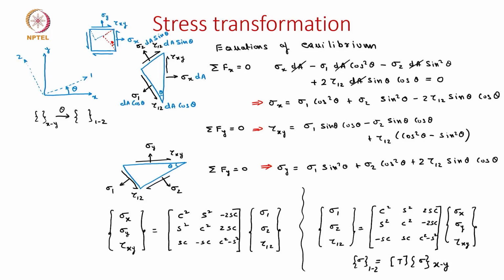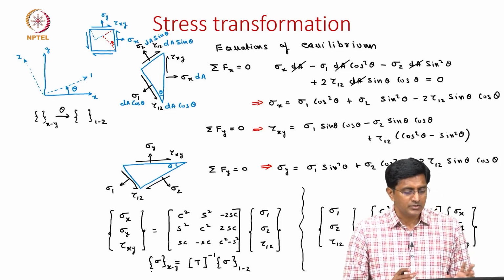Similarly, both these 3 by 3 matrices are related, since we already mentioned that T is the 3 by 3 matrix on the right side. The matrix on the left side is the inverse of it, which we will write as T inverse. So, once we pre-multiply this with the stresses in the material coordinates 1 2, then we get the stresses in the body coordinates x y.